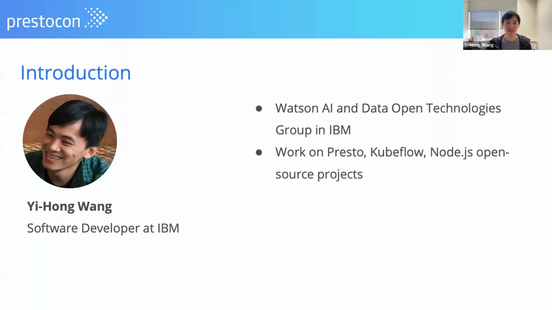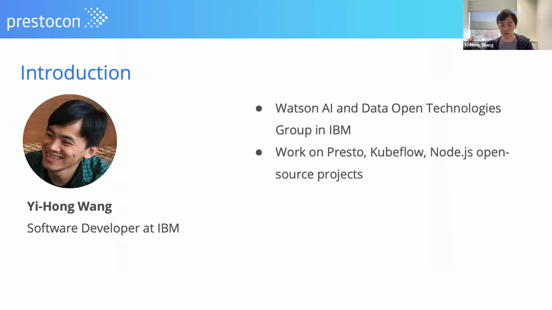My name is Yihong, and we work at IBM, in the open source project department. We mainly contribute to open source projects that are strategic for IBM to rely on. Nowadays every company uses open source projects, right?